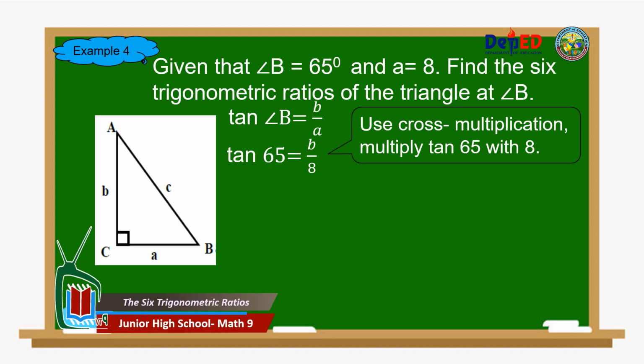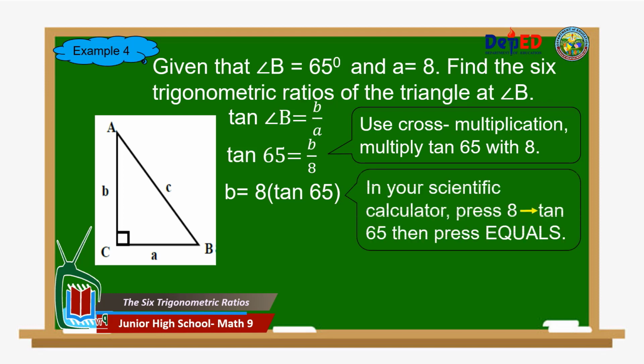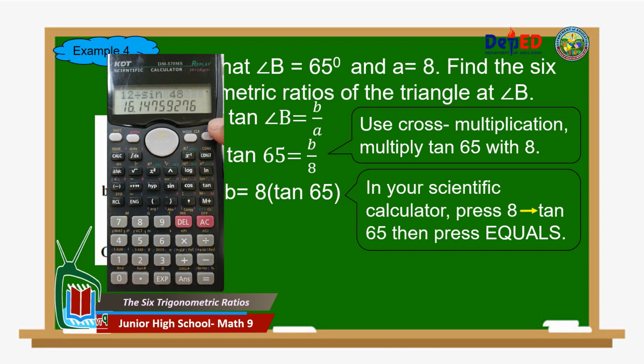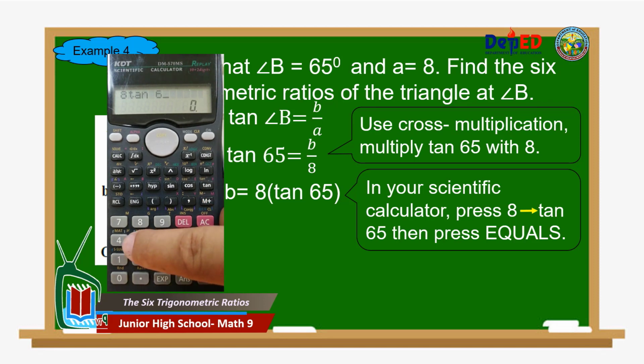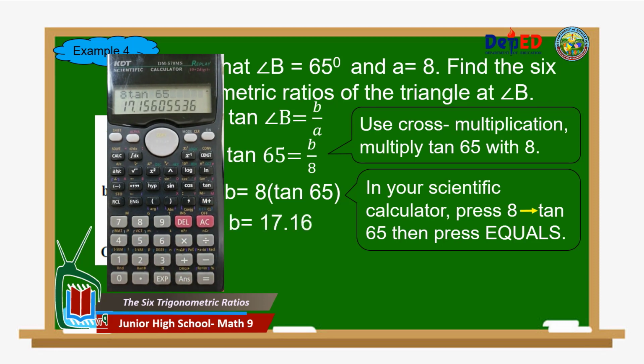And on this process, we are going to use cross multiplication. Multiply tangent of 65 with 8, and that results to this equation. In your scientific calculator, again, you press 8 and then tangent of 65 and then press equals. Therefore, the value of B, or the measure of side B, is equal to 17.16.